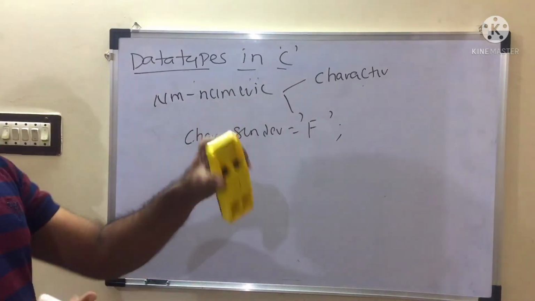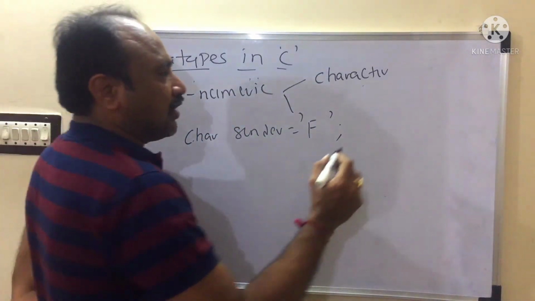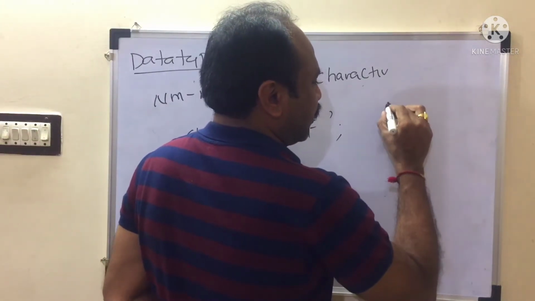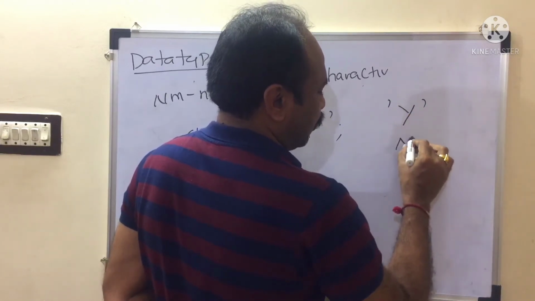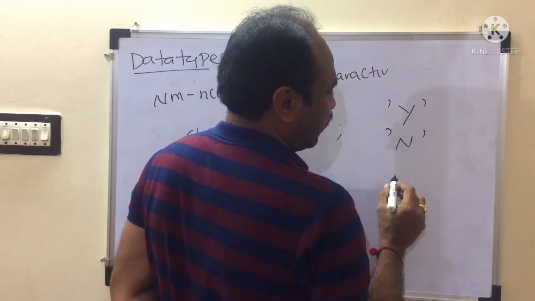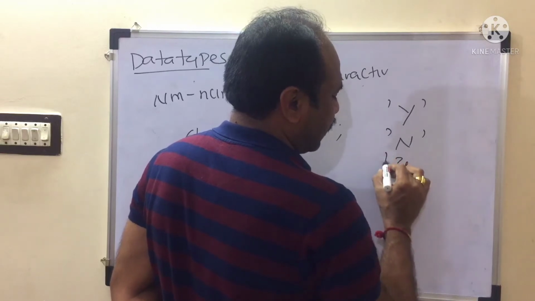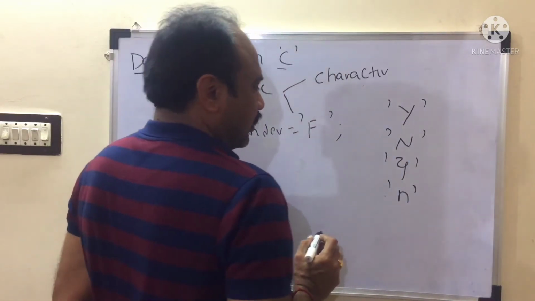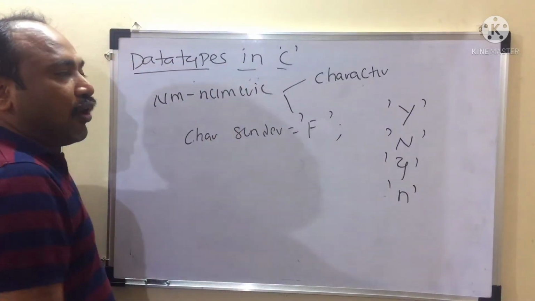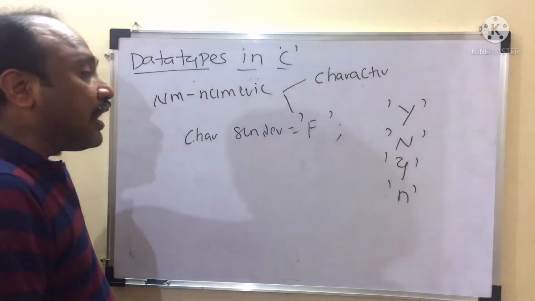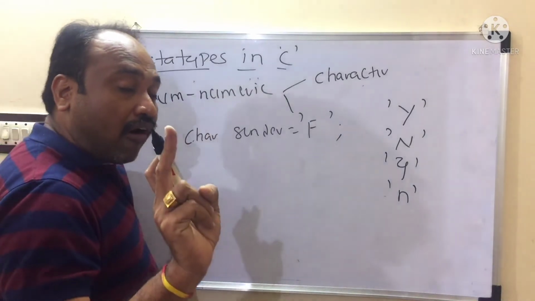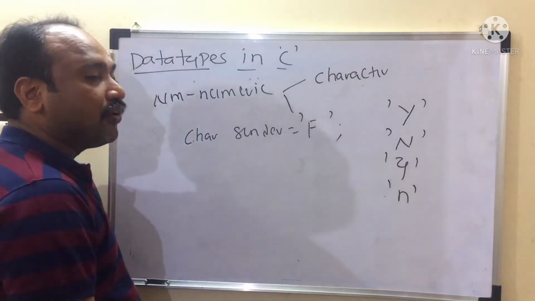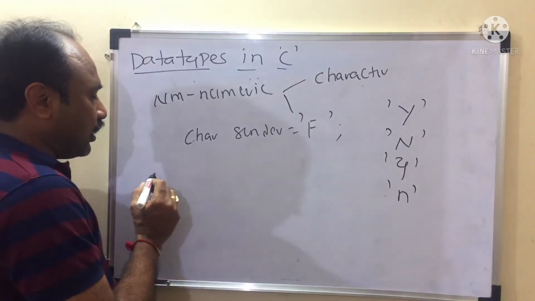Of course, when you are going to work with a single alphabet, for example, "Are you sure you want to continue? Yes, no." I can enter capital Y, capital N, small y, small n. Like that. Okay. Actually, when you work with characters, characters, meaning alphabets, are stored in the form of integers.